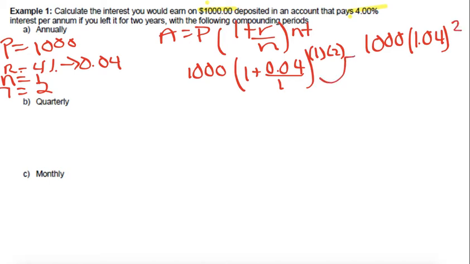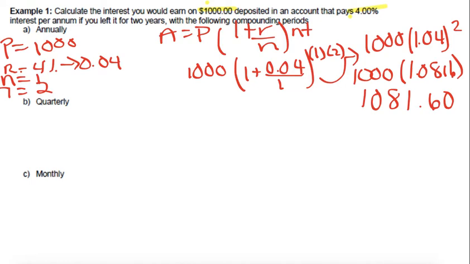Now 1.04 to the power of 2 gives me 1.0816. I multiply that by 1,000 and I get 1081.60.